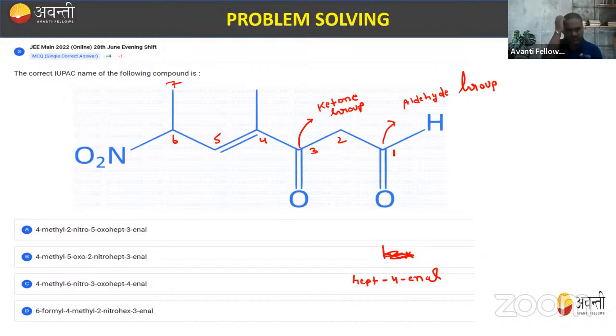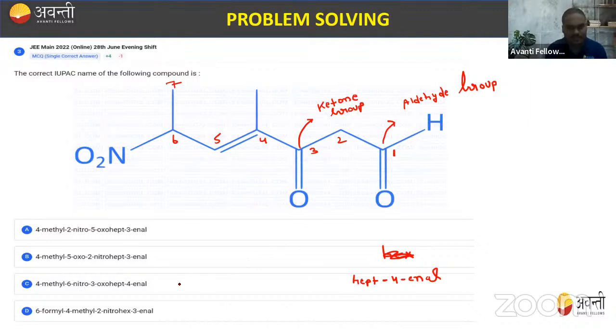Now we have substituents. At the fourth position we have a methyl group, at the sixth we have a nitro group, and at three we have an oxo group. So this is oxo O, methyl M, and nitro N. If you are maintaining alphabetical order, then you need to write methyl first.